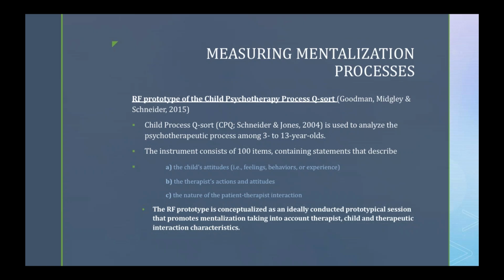How the mentalization score is generated is they gave these 100 items to experts in the field who were experts in mentalization, and they Q-sorted these items to describe a session that would adhere to mentalization practices, showing the items that are most mentalization adherent according to their theory.